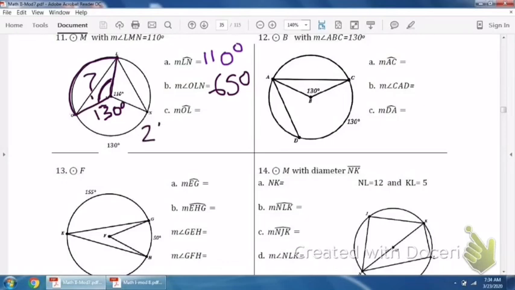So that makes 240. And then if we were trying to go all the way around the whole circle, that would make 360. So all we have to do is 360 minus 240, and that should give us 120. So what that means is that that angle that we're looking for, that we were missing, would be 120.